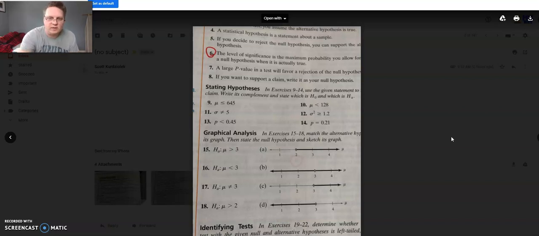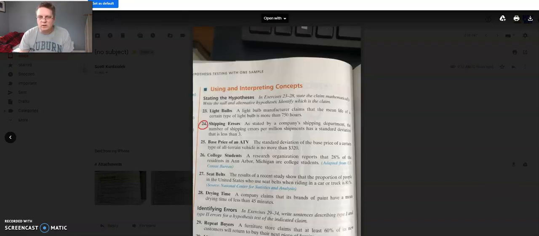I can't write on this. So 9 through 17 odd here, and then on this page 23 through 27 odd. These answers will be posted either late Monday or early Tuesday or later Tuesday. Who knows? So you have to check them.